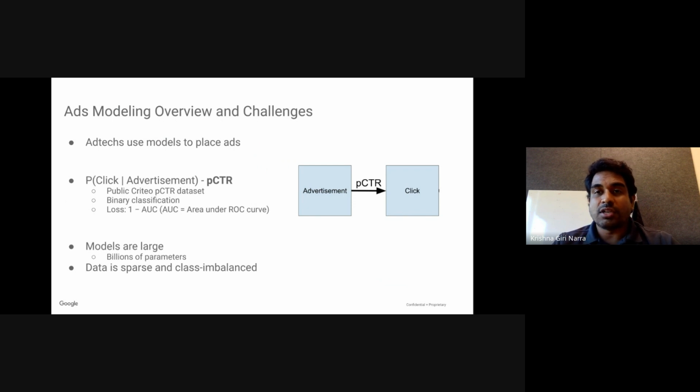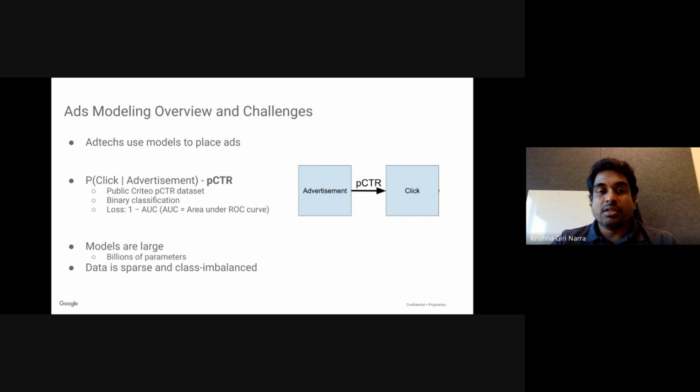Ads models can generally be very large. They run into many billions of parameters. They have large embedding layers. The data for ads tasks is sparse. It has large categorical features which are sparse, and there's class imbalance coming from that. For example, in the CTR problem, the probability of click is much lower than the probability that it is not clicked.